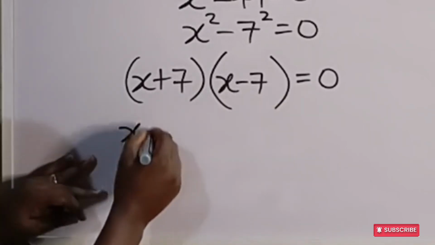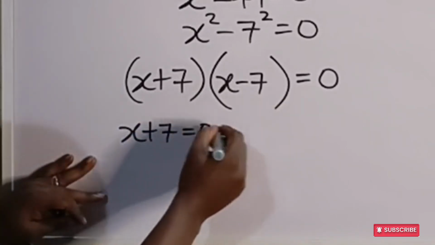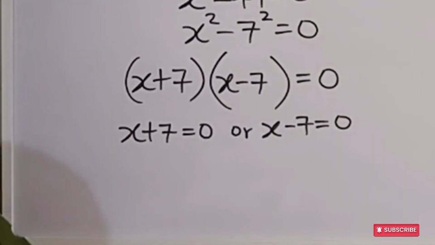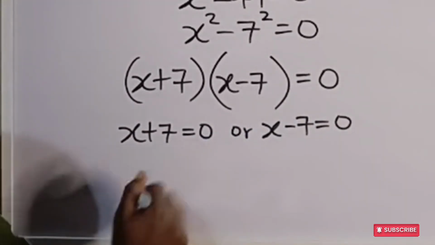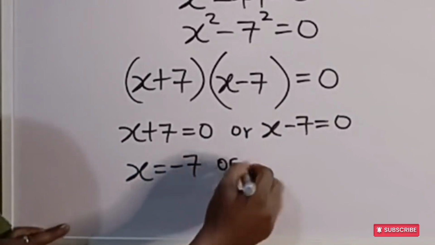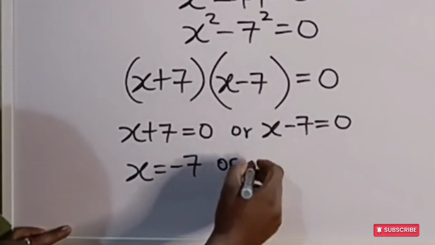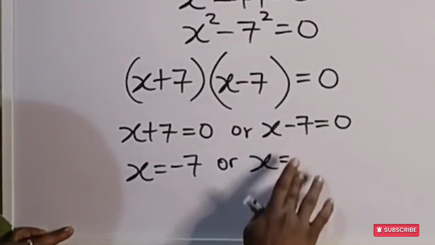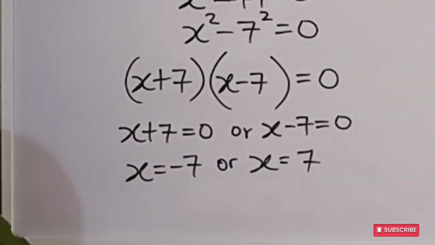So x plus 7 is equal to 0, or x minus 7 is equal to 0. Moving plus 7 to the right, it becomes minus 7. So x is equal to minus 7. Or moving minus 7 to the right, it becomes plus. x is equal to 7. So these are the possible values of x: x is equal to minus 7 and x is equal to plus 7.